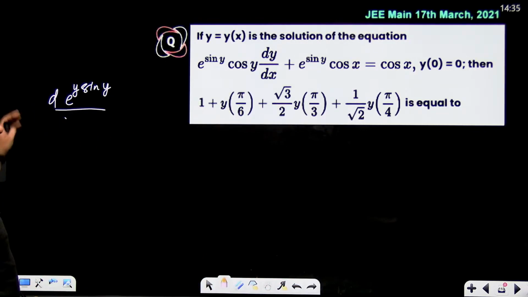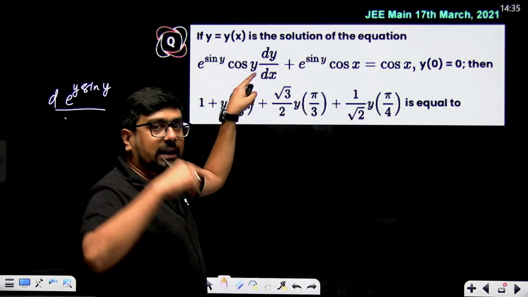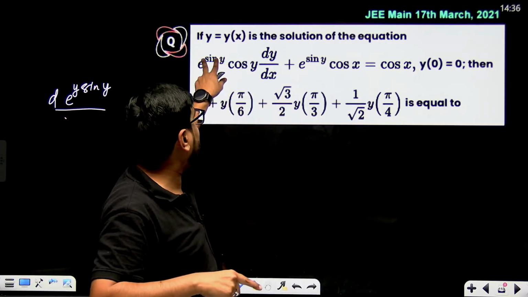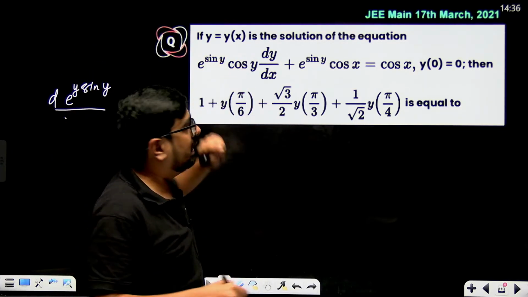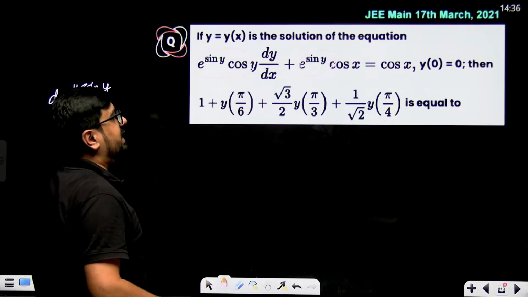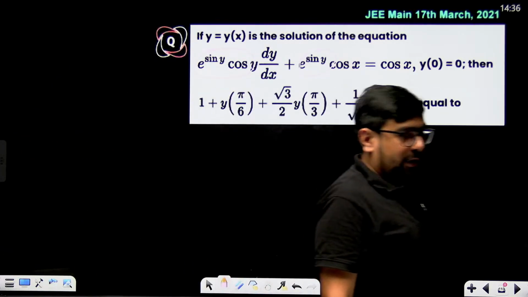If we find the derivative of e to the power sin y, it will be e to the power sin y cos y, since the derivative of sin y is cos y. So this is sitting over here, and it is of the same form that we are talking about. I hope you get my point.